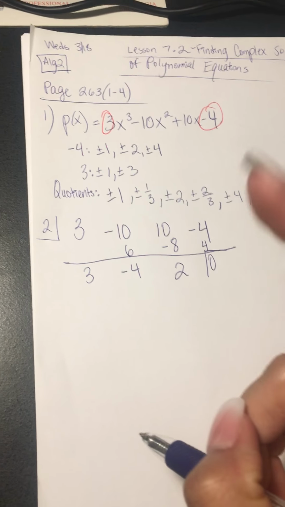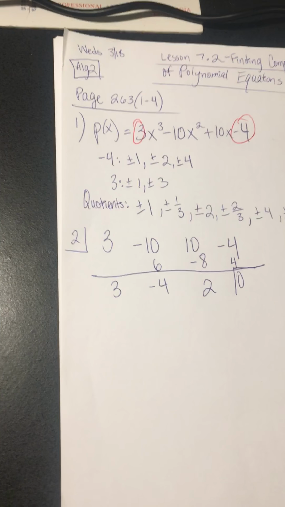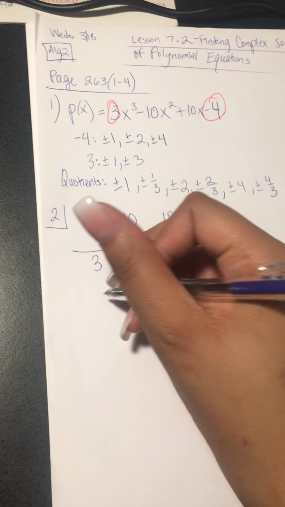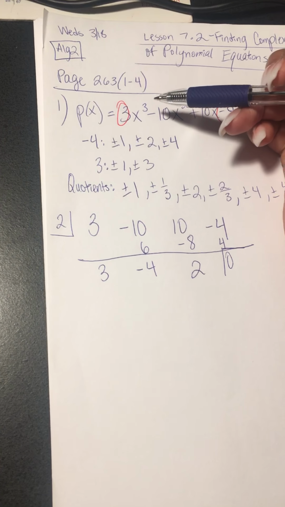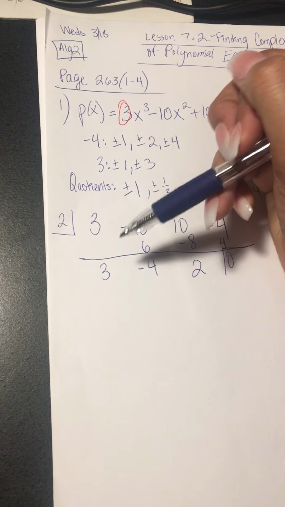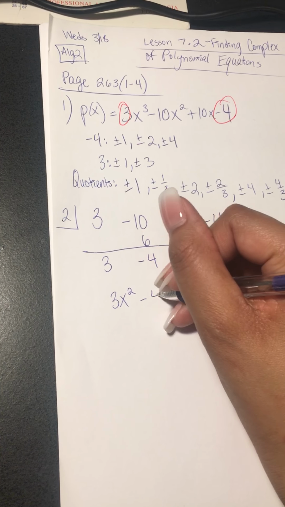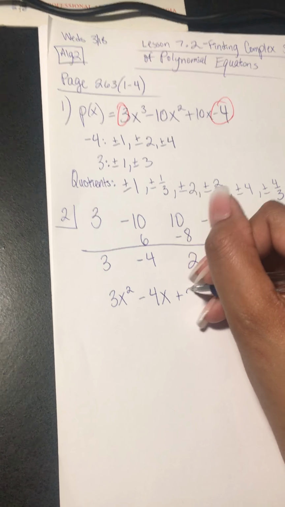We say that it works. So take the numbers under the line to write your new polynomial. Whatever the original degree was, come down 1 less than that. So it will be 3x squared. Decrease your exponent, minus 4x plus 2.